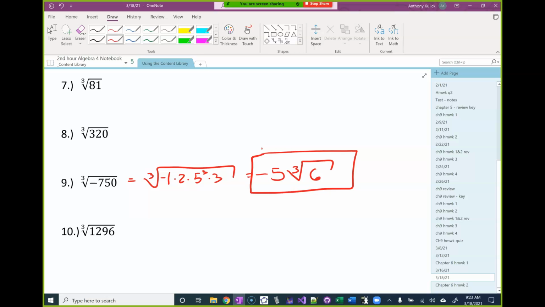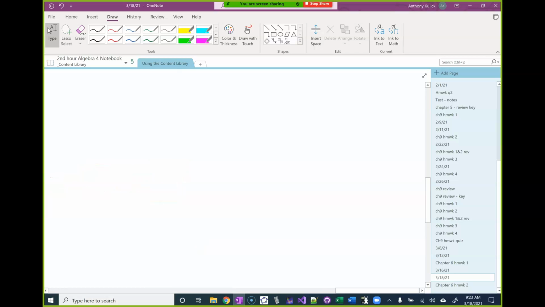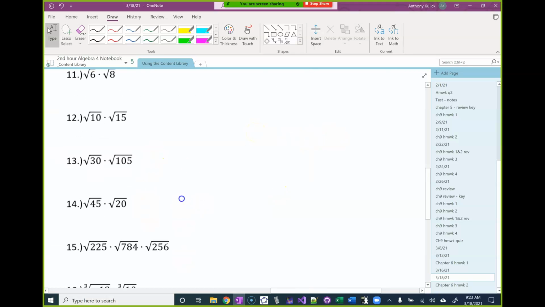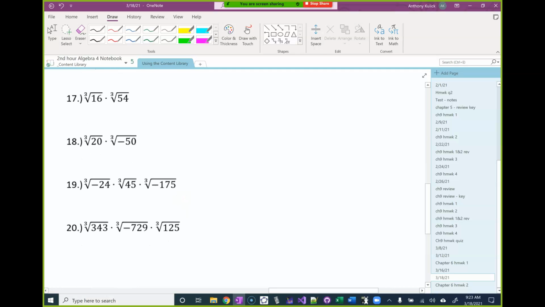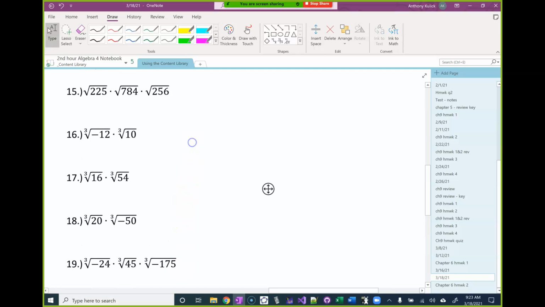Pedro. Number 15. Yep. Sure. So I'm going to start by doing the prime factorization and just putting it all under the same radical.